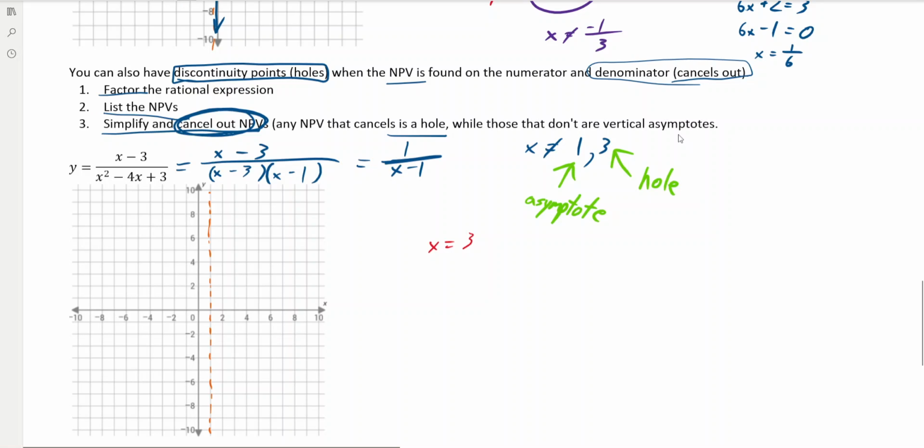So let's use, so that's a hole there, which is also fine because it's also going to have a, oh no, that won't work, yeah, because it's going to have the horizontal asymptote.